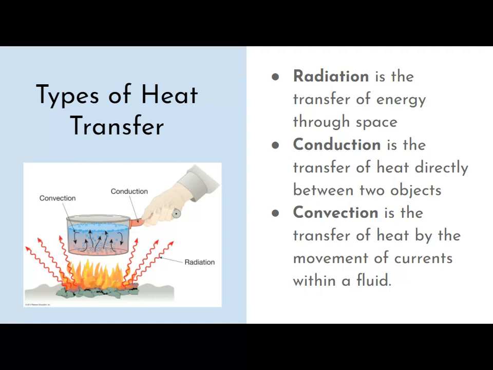And finally, we have convection, which is the transfer of heat by the movement of currents within a fluid. Like I said, fluid can be air or a liquid. So when we talked about the formation of tornadoes, right, when we talked about our natural disasters unit, we talked about how warm air was moving up and cold air was moving down, and warm air was moving up and cold air was moving down.